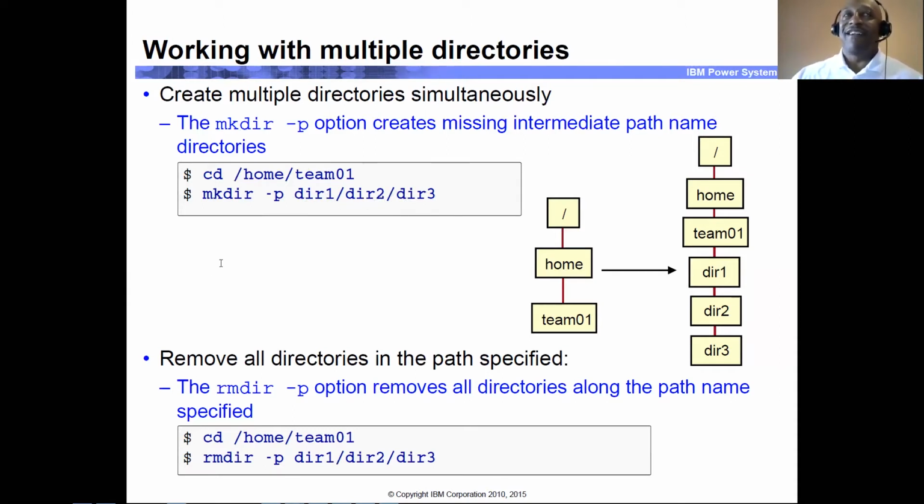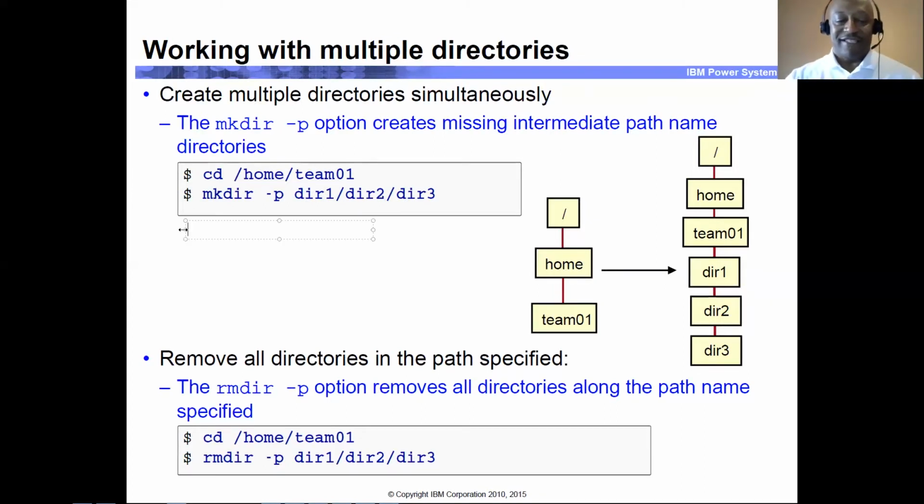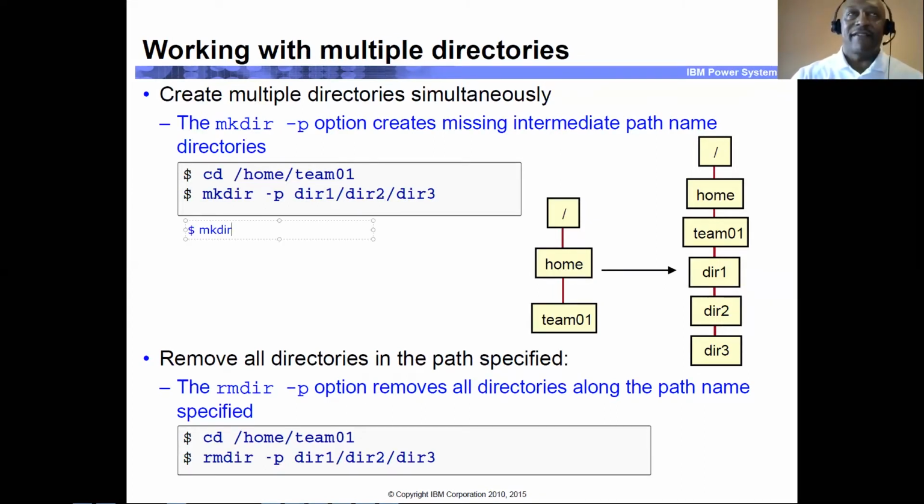Or you can create it in this manner: mkdir -p, and separate directories, directory 1 space directory 2 space directory 3. What's the difference between those two commands? The example they gave us versus the example that I gave you.